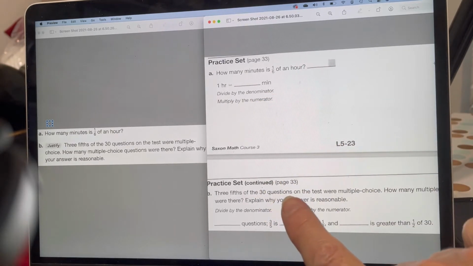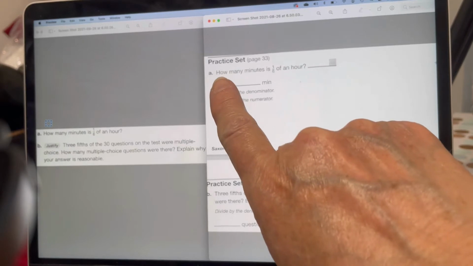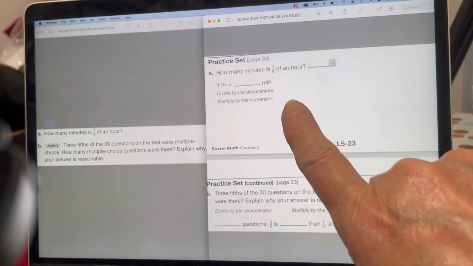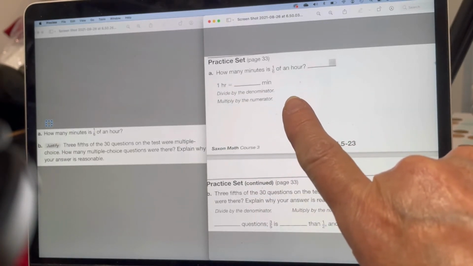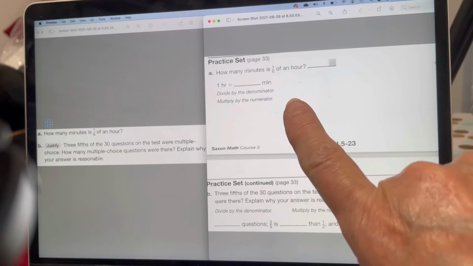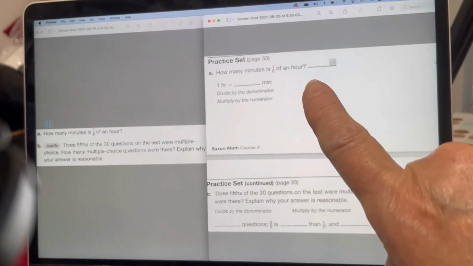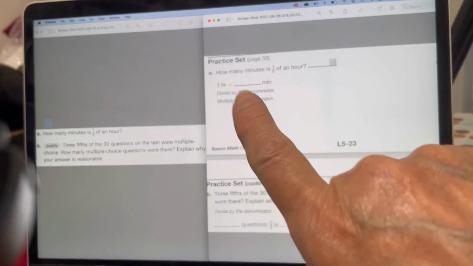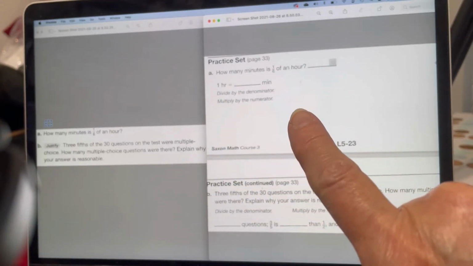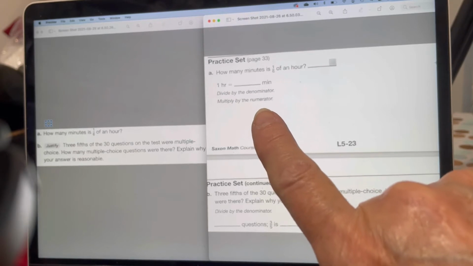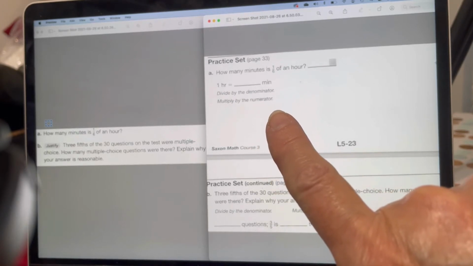Notice that this is A in the practice set of your workbook, which you're supposed to be doing for homework. How many minutes is 1/6 of an hour? 1 hour is how many minutes? Divide by the denominator, multiply by the numerator.